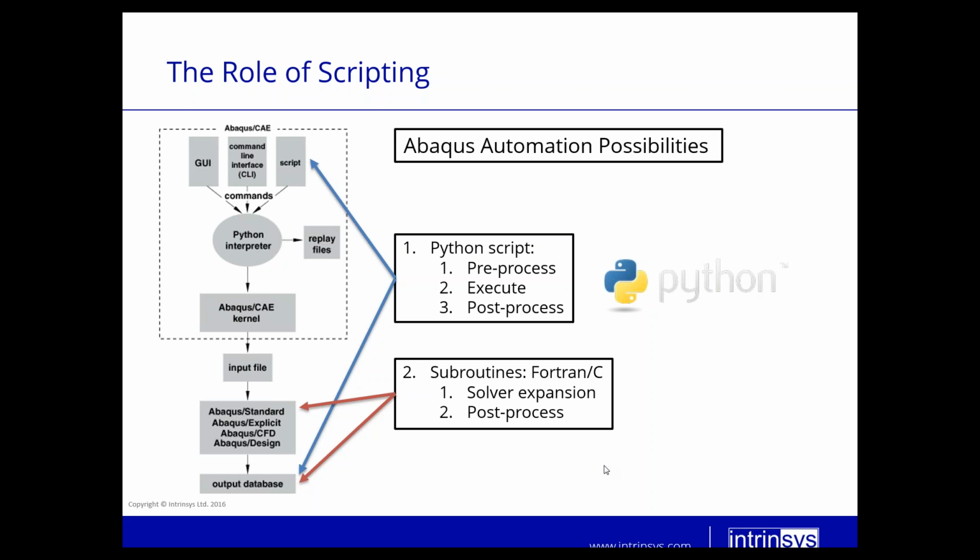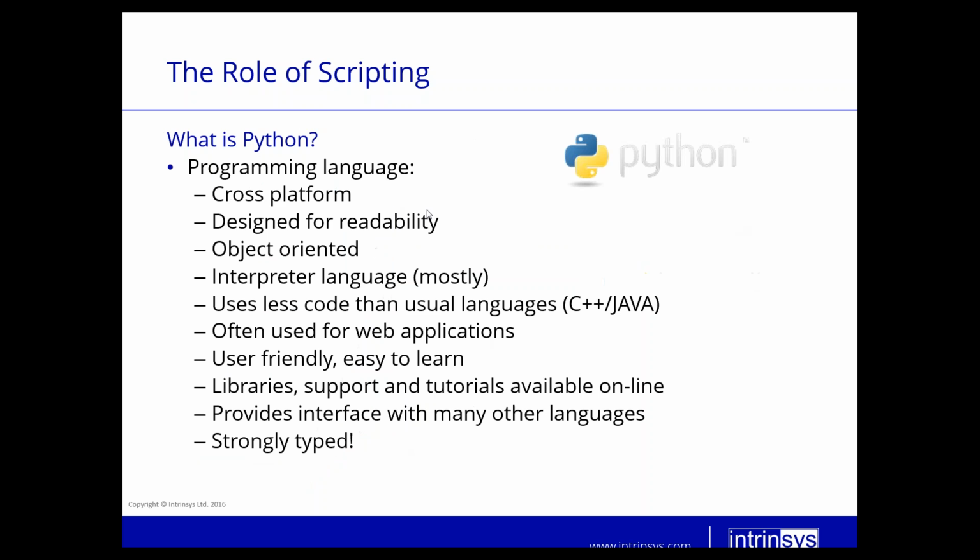Also, you can use Fortran or C code to post-process your output database, even without loading up Abaqus CAE or the viewer. So there's more than one way of automating your pre- and post-processing in Abaqus. But today we're going to look at only Python scripting.